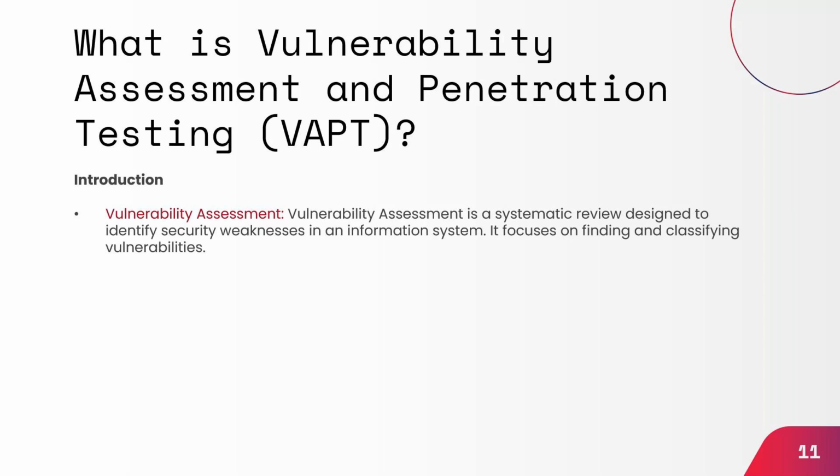So it is a proactive approach. Before someone finds and exploits it from the outside, when you work for an organization as a vulnerability assessor and ethical hacker, your responsibility is to identify it and help the team mitigate it. This is the vulnerability assessment.